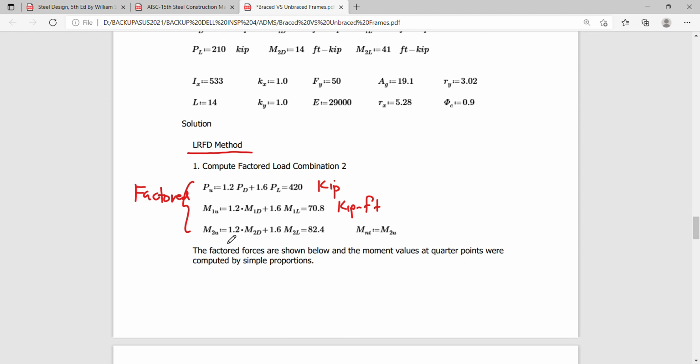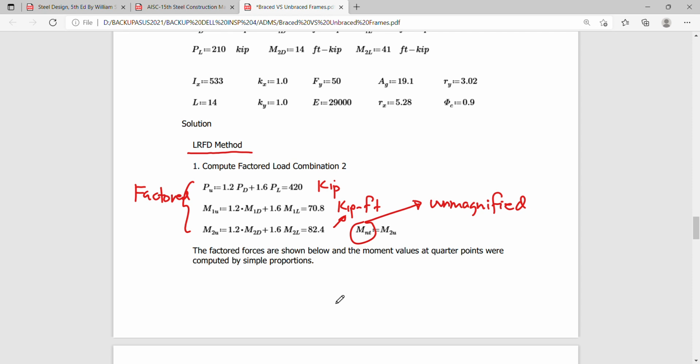Of course, when we talk of the bigger moment, which is M2 factored, this is the one we will be magnifying later, because this is not yet the magnified Mnt. So we will be considering the bigger moment, okay, which is 82.4 kip foot, to be the unmagnified moment Mnt that we're going to use for our magnification process.